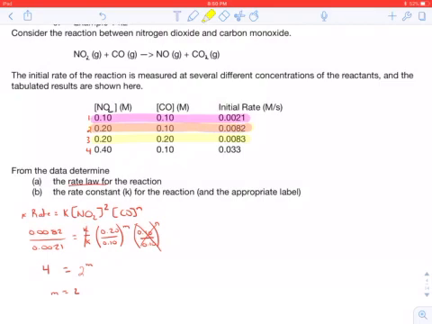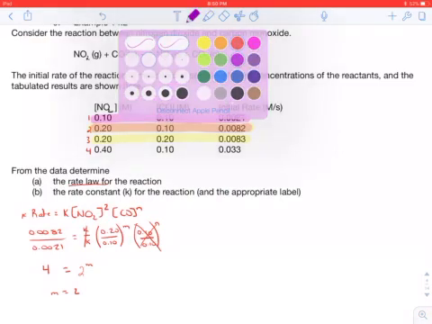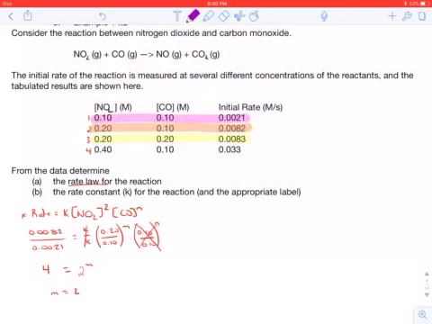Now we're going to use the same generic rate law. Should we change colors again? Sure, why not. So we now know rate equals K times the concentration of NO2 raised to the second power times CO raised to N. That's what we're looking for.